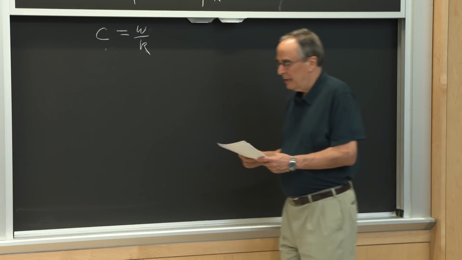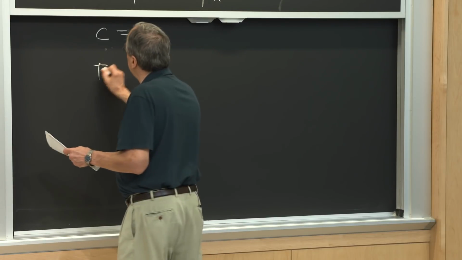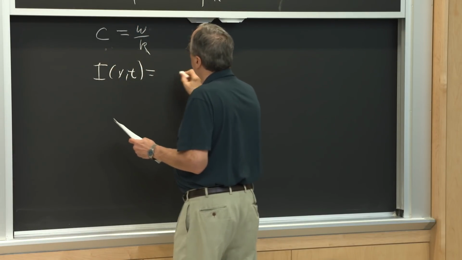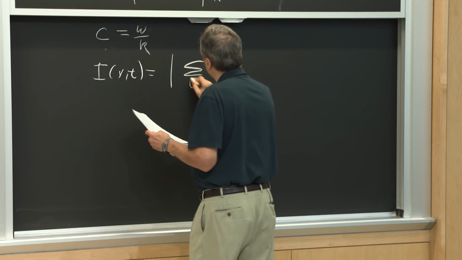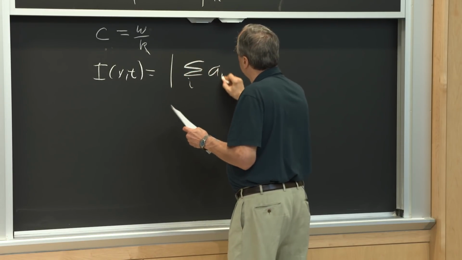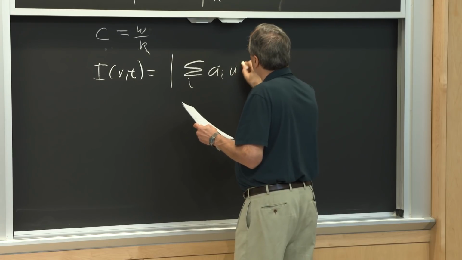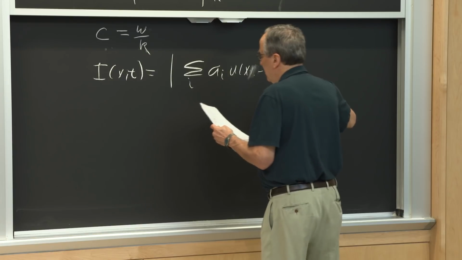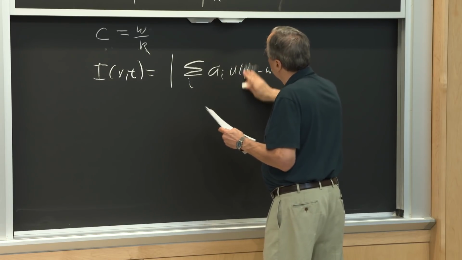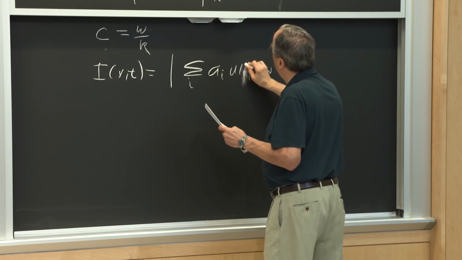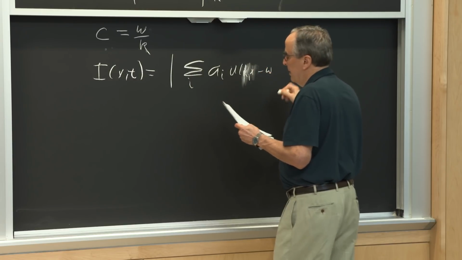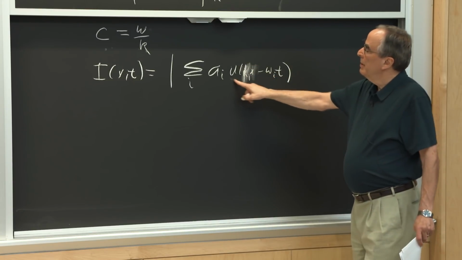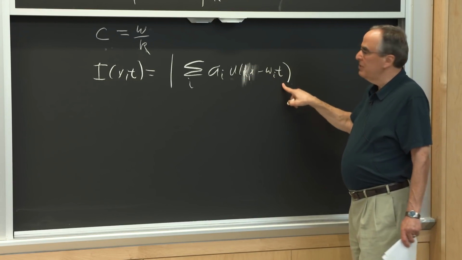And now the last thing is that the intensity of this wave is given by the sum of k_i x minus omega_i t. So this is the wave function.